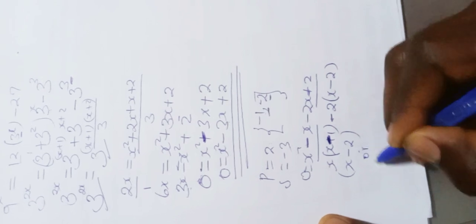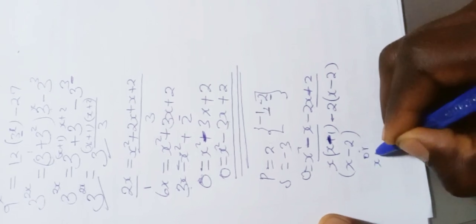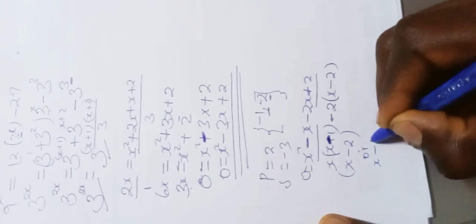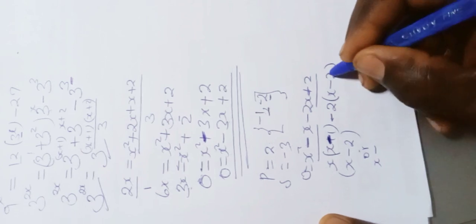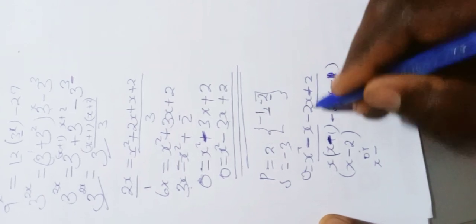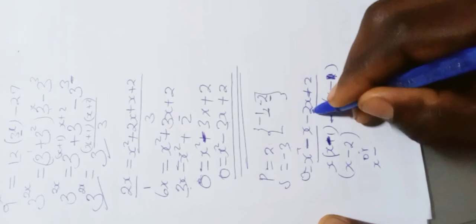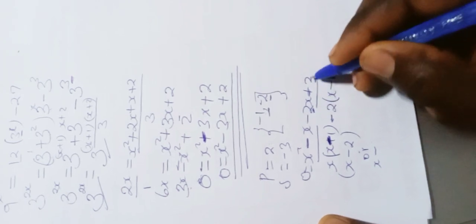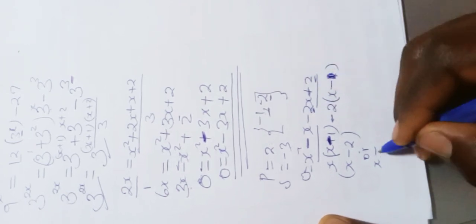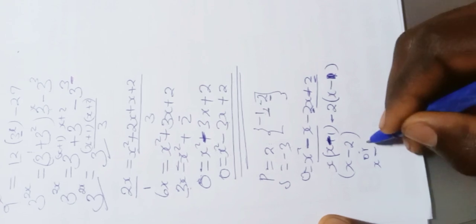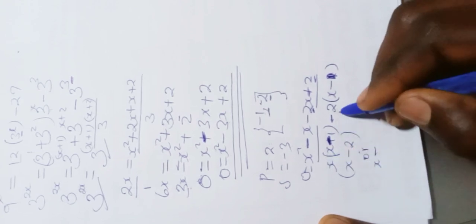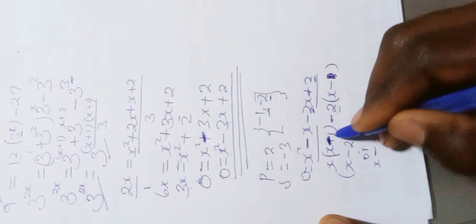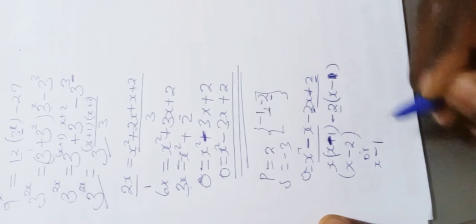So we are going to have x minus 2, or x minus 1, this is minus 1, sorry, because we had been factorizing here so that we remain with 1. So we are going to have x minus 2, or x minus 1.